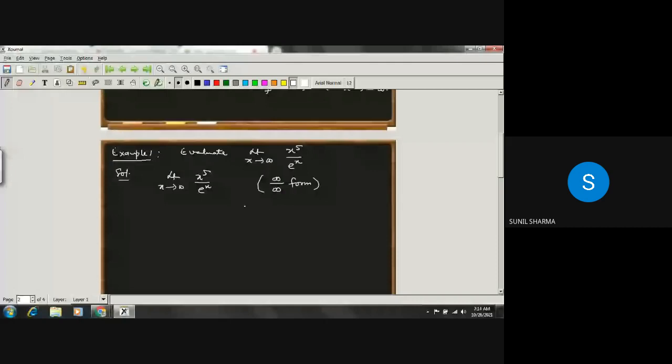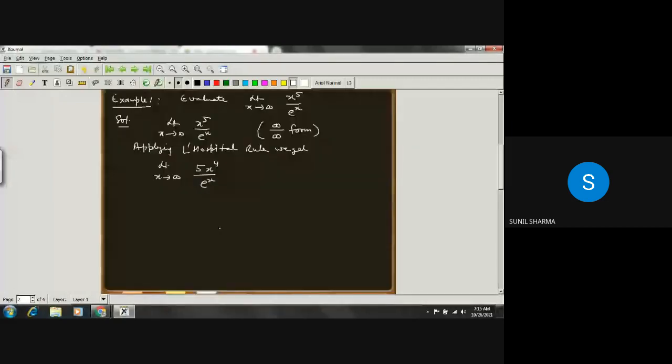So applying L'Hopital rule, we get limit x goes to infinity, 5x to the power 4 upon e to the power x, again e to the power x. So again, when we put x equal to infinity, it is again in the form of infinite by infinite.